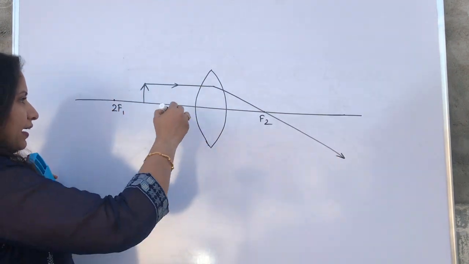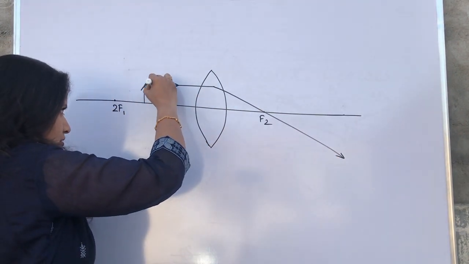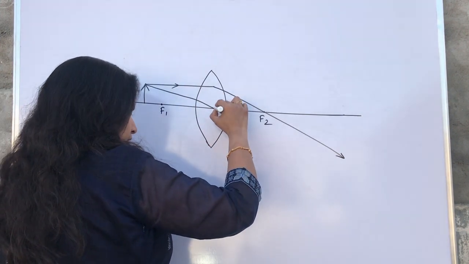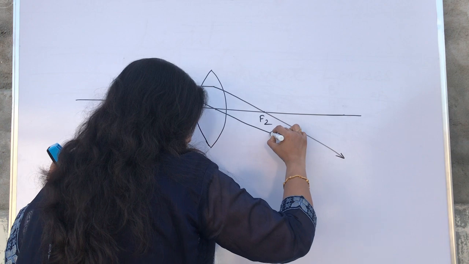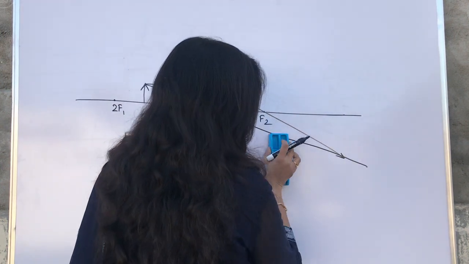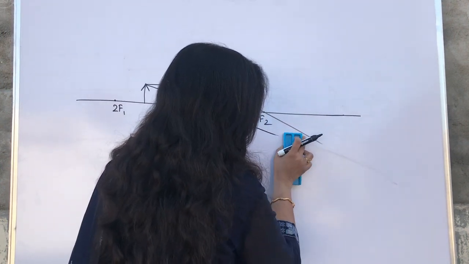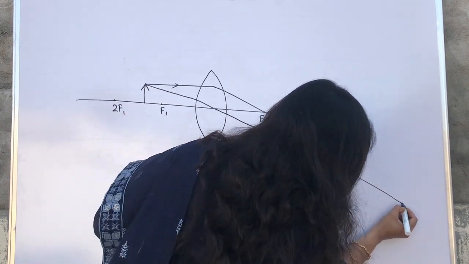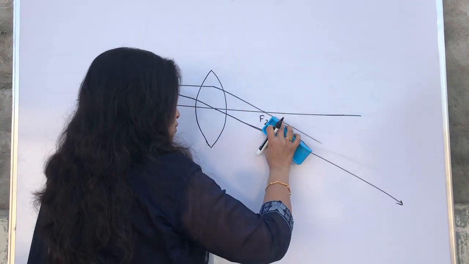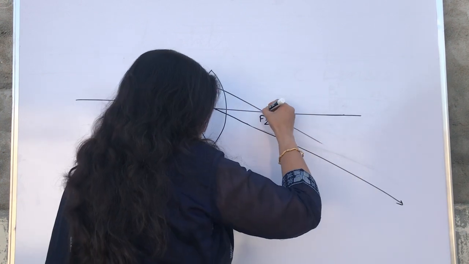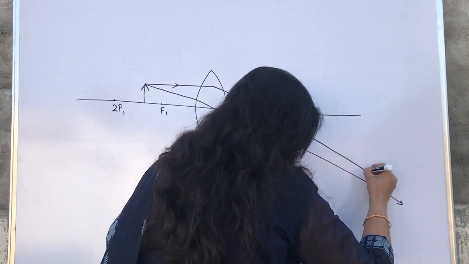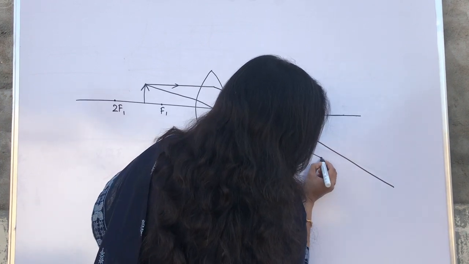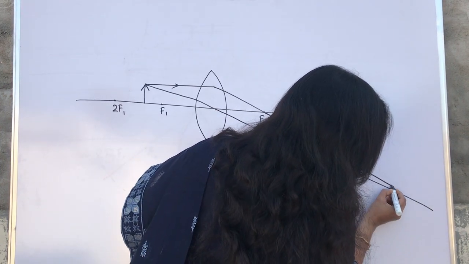Another ray of light that is passing through the optical center will go undeviated and goes off straight. Wherever the two light rays meet each other, that is the point where the image will be formed.